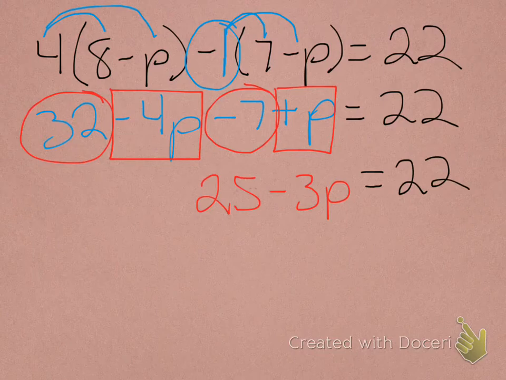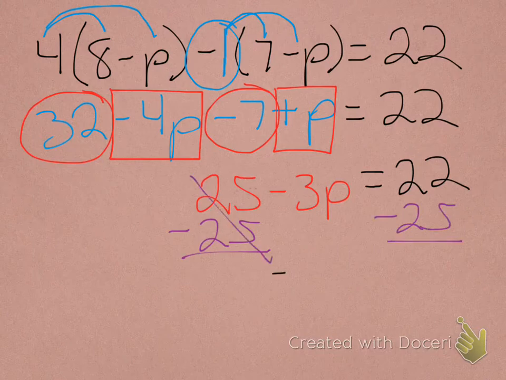Now I'm ready to start crossing the equal sign, ready to start solving. So now I would subtract 25 on both sides. So 25 minus 25 goes away. So I end up with a -3p is equal to now a -3. So then continue solving.